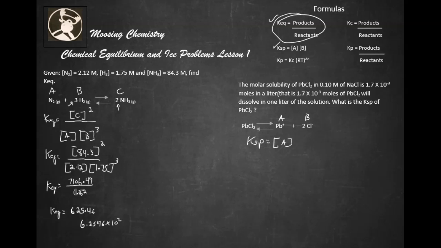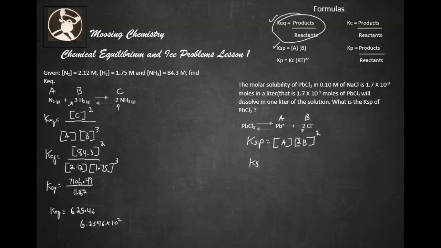A times B squared. So it's actually going to be 2b because of this 2 right here. This 2 is going to be used down there and in for the square.